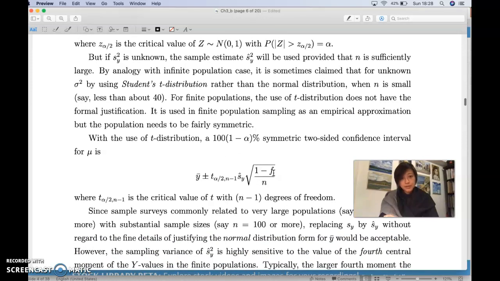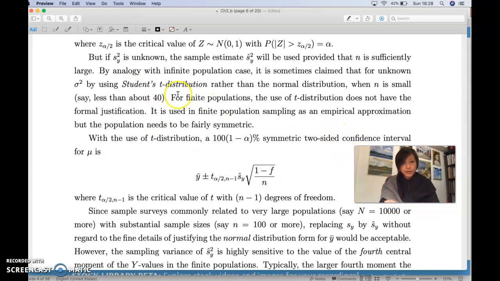Okay, so the following text, I'm not going through that in very much detail, because what it is saying is that if the population size is not large enough, and if our sample size is not large enough, then we could use the student t distribution rather than a normal distribution.